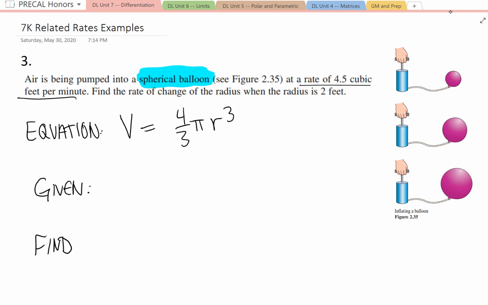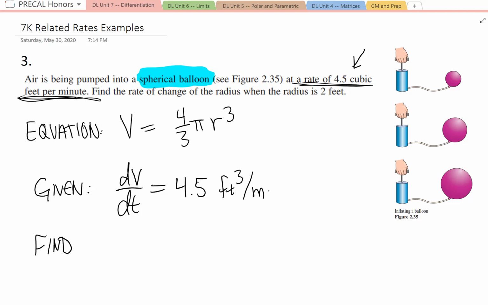The air being pumped into the balloon is changing the volume of the balloon at a rate of 4.5 cubic feet per minute. So they've given a rate of change of the volume. This is dV/dt. And that is 4.5 cubic feet, so feet cubed, per minute.